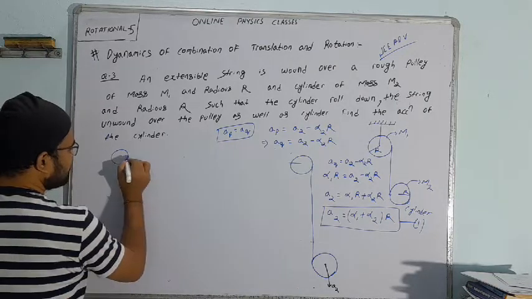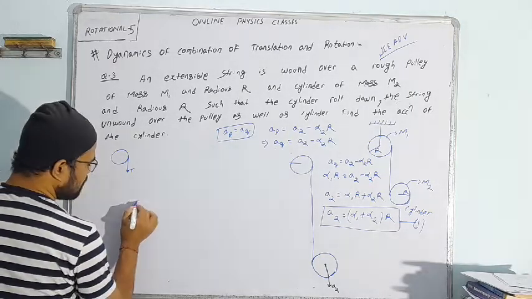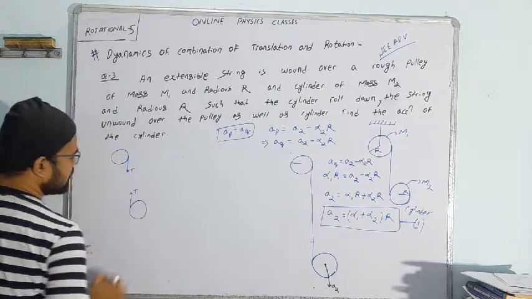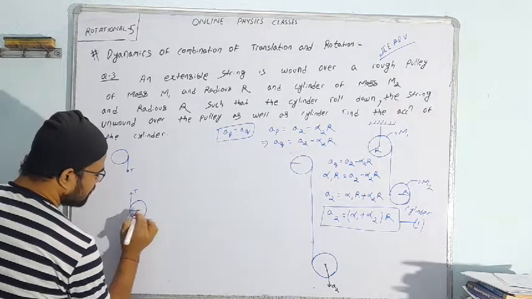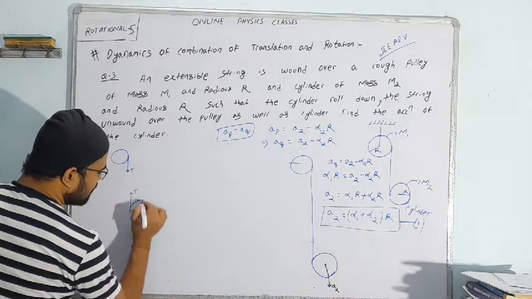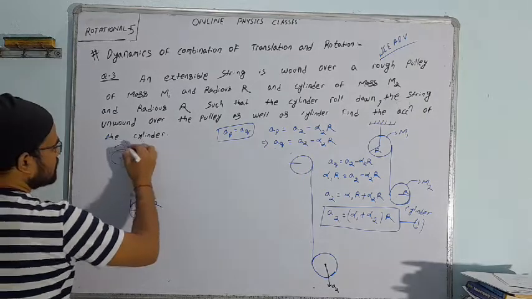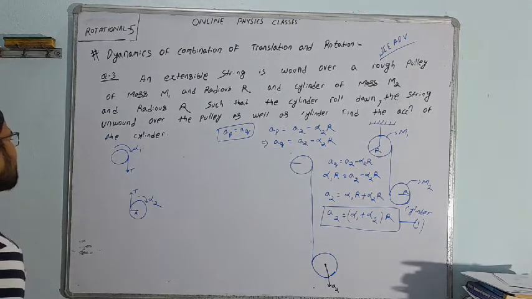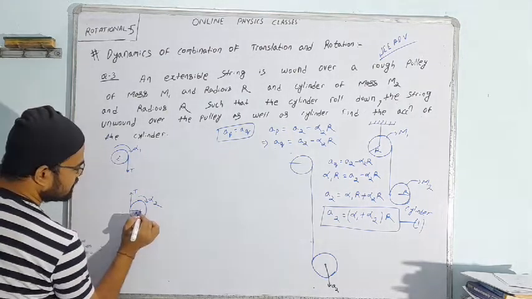One is the pulley, with tension T. For the cylinder, the same string has tension T, and the distance is r from the center. The rotation is alpha 2, and the angular acceleration is alpha 1. This is the center C, and this is the center C dash.